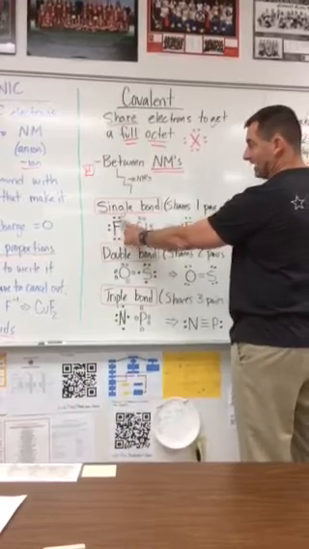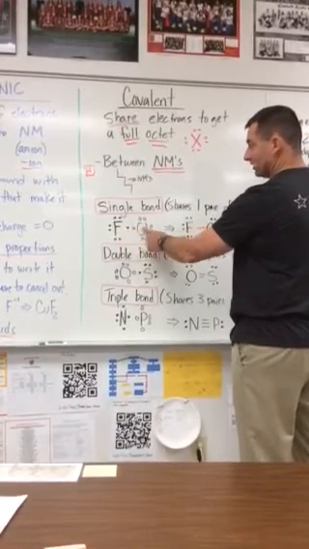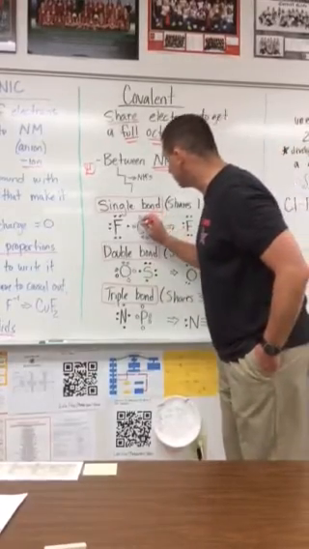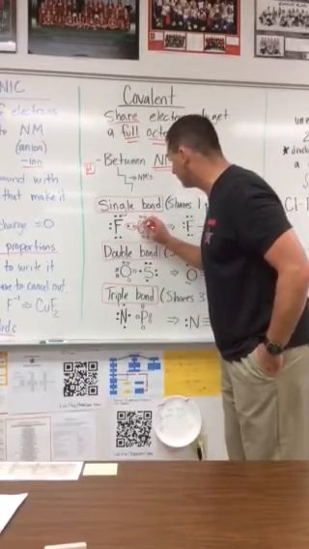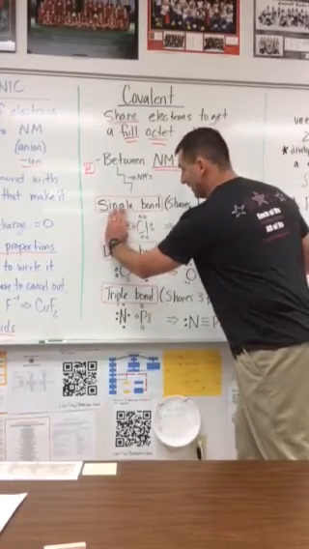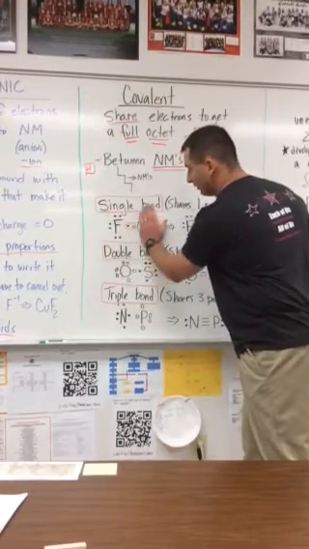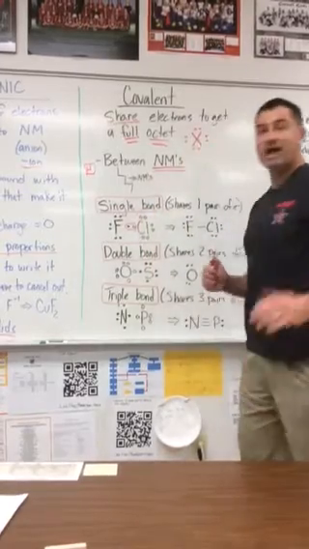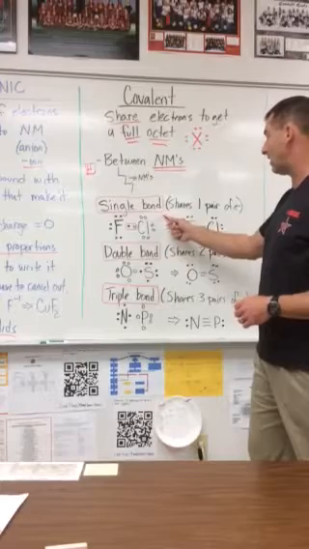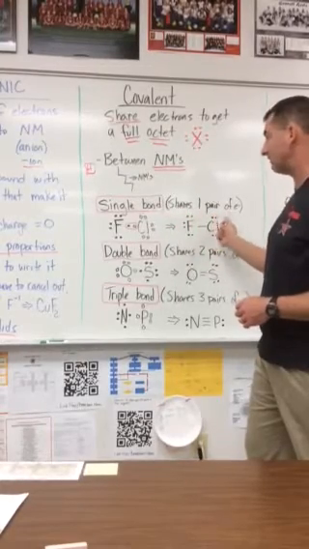So, fluorine has 7 valence electrons. Chlorine has 7 valence electrons. So, basically, they're sharing this pair right here of electrons, and when they do that, now chlorine has 8 in its interaction, fluorine has 8 in its interaction, and they're happy. So a single covalent bond is when they share 1 pair of electrons.